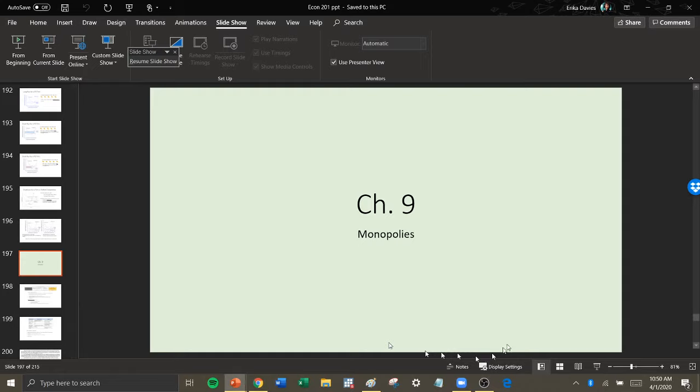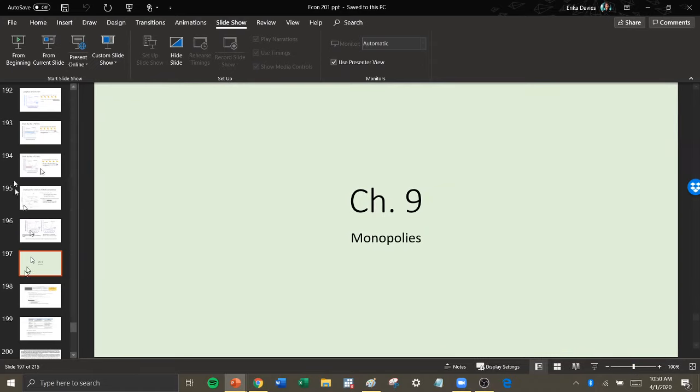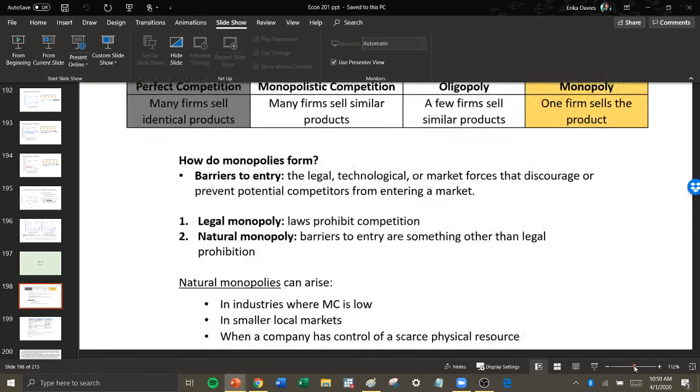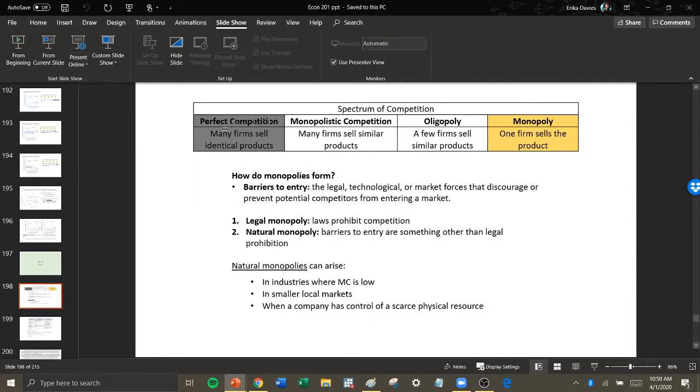Now we're on chapter 9, monopolies. This is on the exact other side of the spectrum of competition. We did perfect competition, now we're over to monopolies. We still have one product, and the example I was using was a world where you can buy and sell shapes.